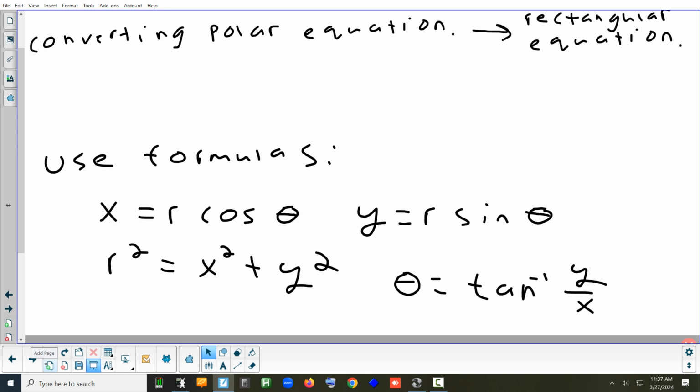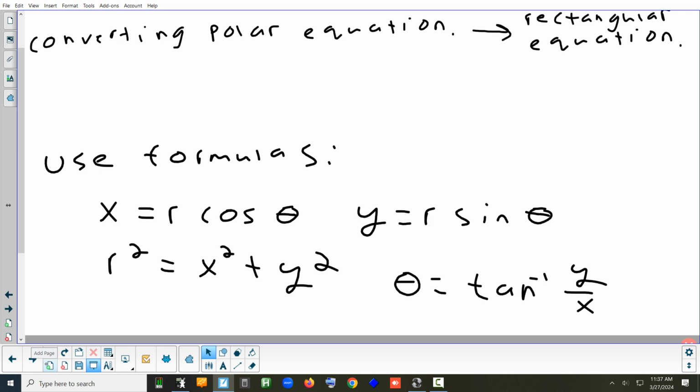We've got x equals r cosine theta, y equals r sine theta. We also have the Pythagorean theorem to find the radius. And we have inverse tangent of y over x for theta. So all of these formulas allow you to change one thing into another.